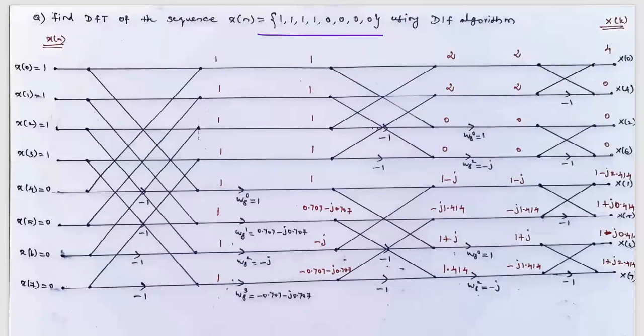So the input we give in natural order, but the output, capital X of k, is available in bit reversed order. The first output is capital X of 0, the second output is capital X of 4, then X of 2, X of 6, and so on. So output is in bit reversed order, input is in natural order.